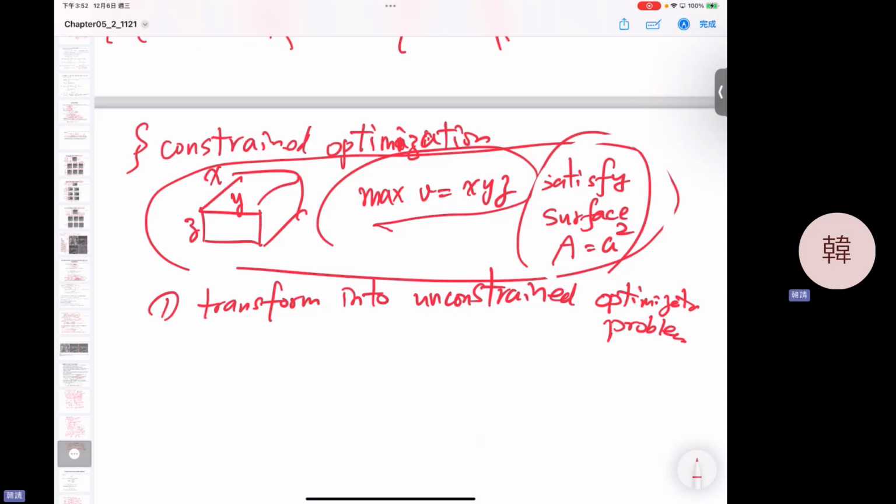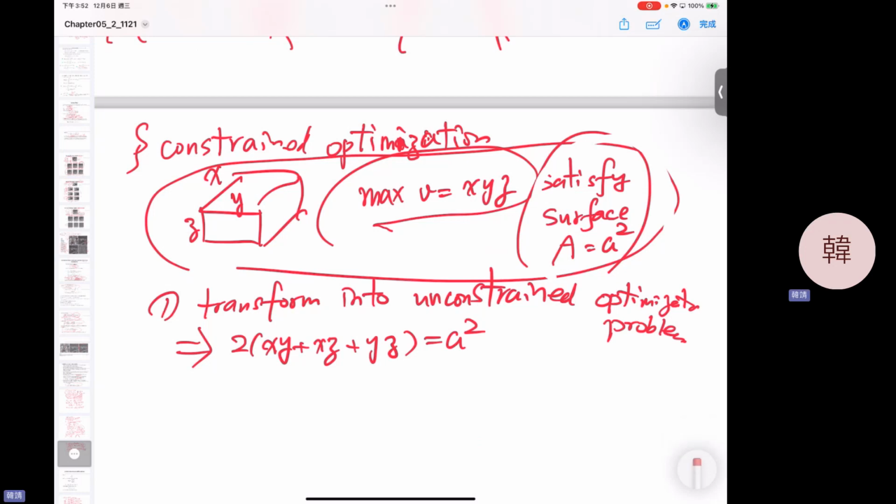It's very easy. There are three variables. We want to remove one variable according to the constraint condition. We have this surface constraint: the xy top surface plus the side surfaces xz plus yz equals A squared, right? This is the constraint.